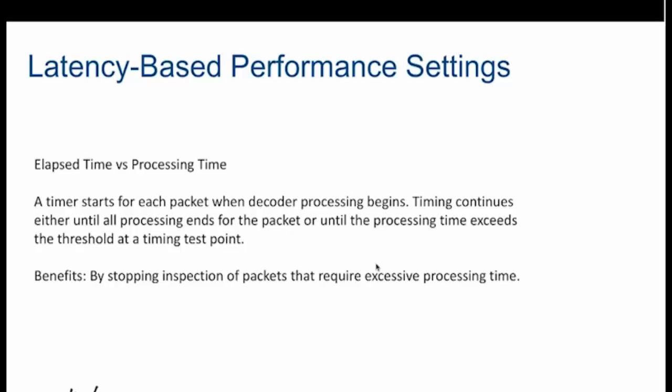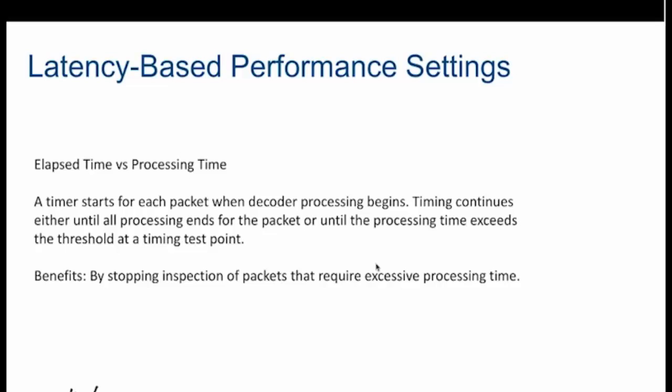As soon as we start processing the traffic, a processing timer also starts for that flow. If at a certain moment the processing timer reaches the elapsed timer, say after matching 8,000 rules, that means the threshold we have given was reached at the stage of 8,000 rules.